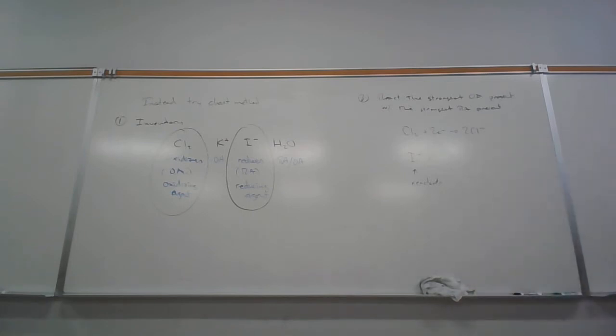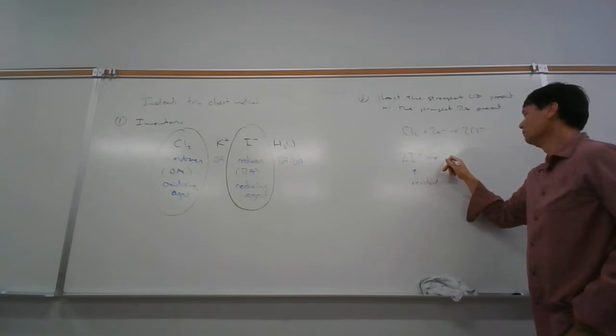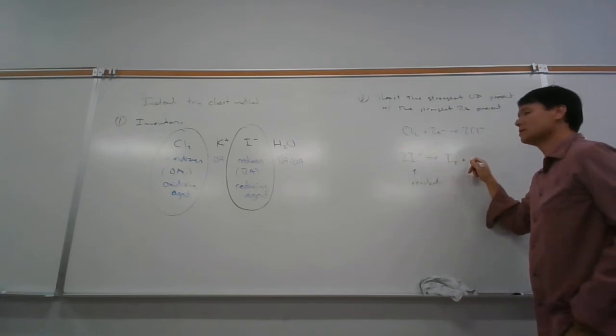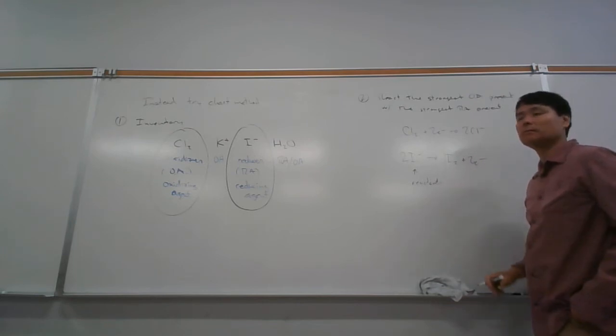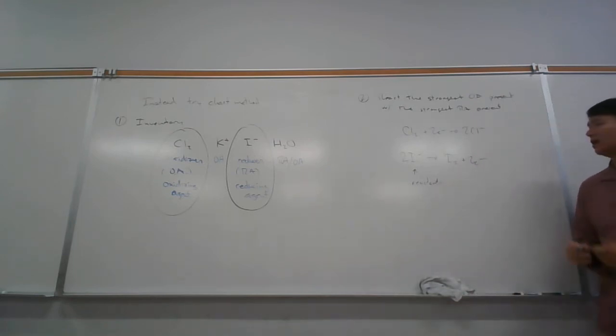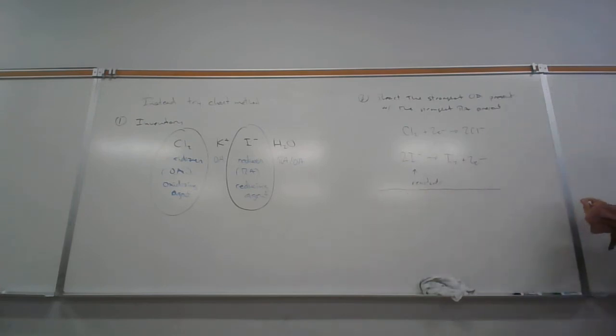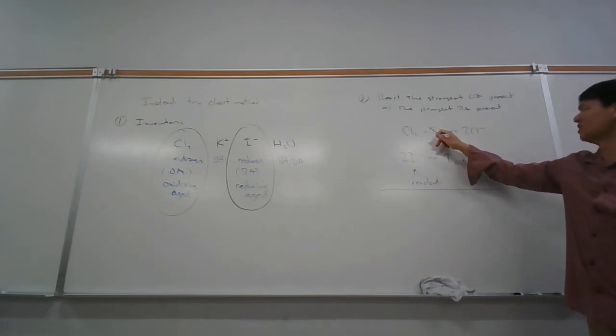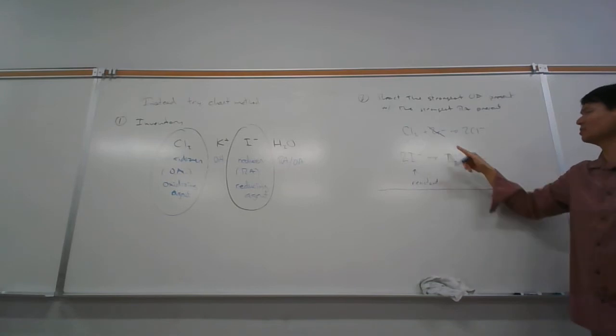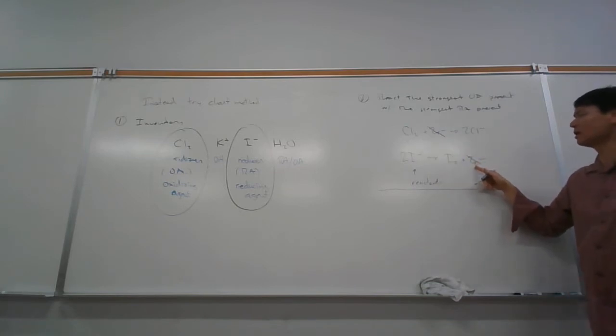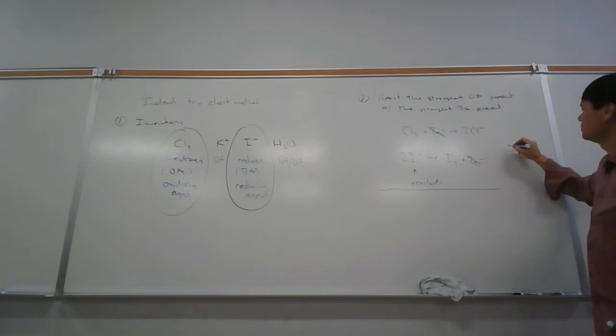Okay, so if this is a reactant, then it's going to go to these products here. So we're going to flip this equation over. So that's going to be 2 iodides. 2 iodides will go to iodine plus 2 electrons. Okay, when we react these, we'll add up these 2 equations, making sure that the electrons cancel out. So if this one gains 2 electrons and this one loses as a product, then they have to cancel.